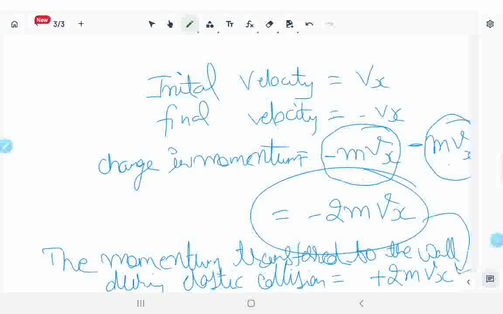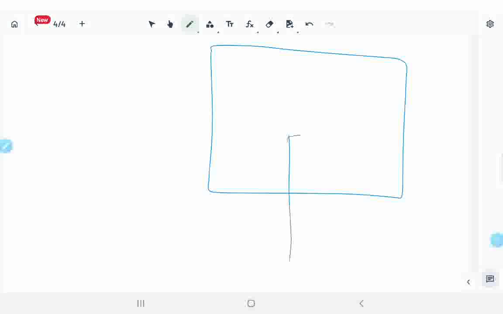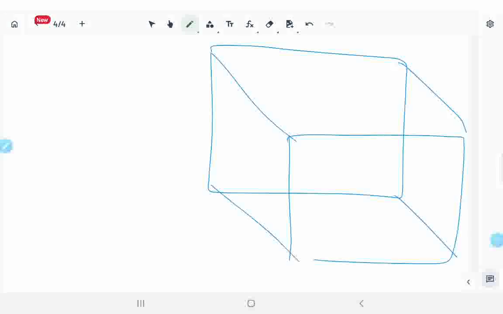So the opposite of it is transferred to the wall. Now we have to understand how many molecules are there inside the container which are colliding and transferring their momentum to the wall.